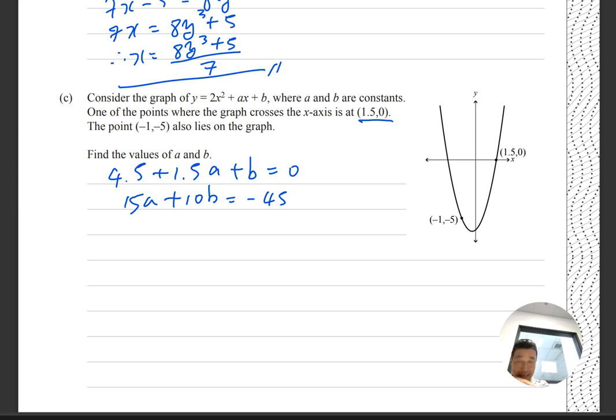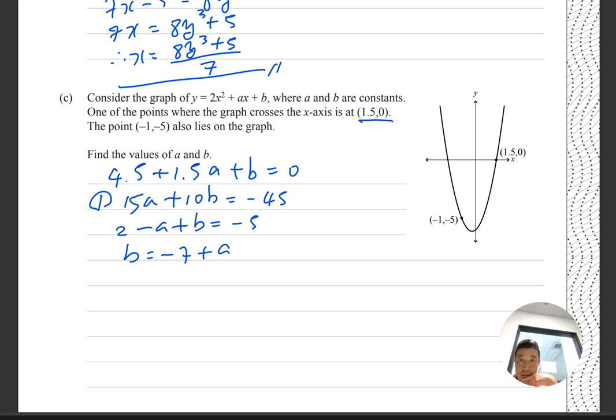Yeah. I can simplify this actually. I'll just leave it because this is equation 1. Equation 2, we plug -1 into this, so I get 2 minus a plus b equals minus 5. And then what I'm gonna do, I will make b the subject. So b equals minus 7 plus a, isn't it? Oh, sorry.